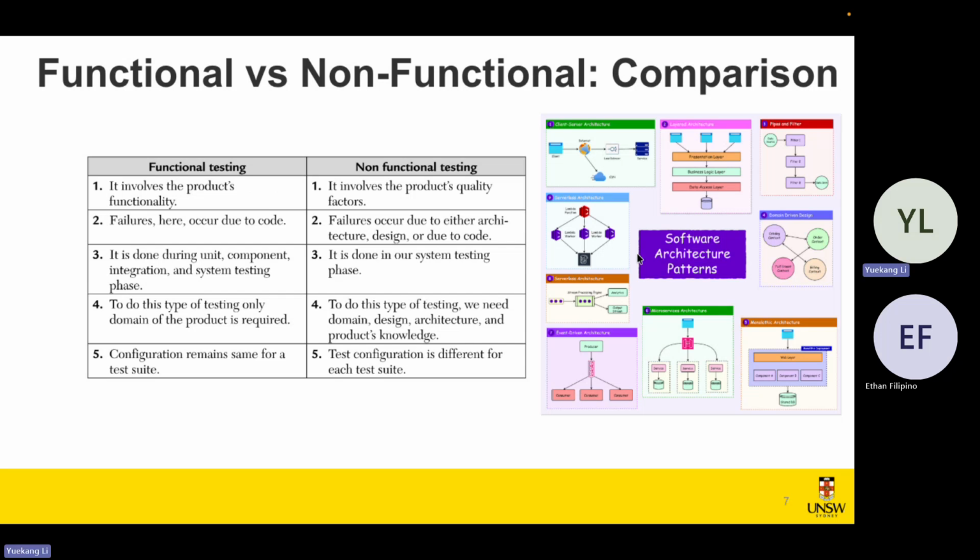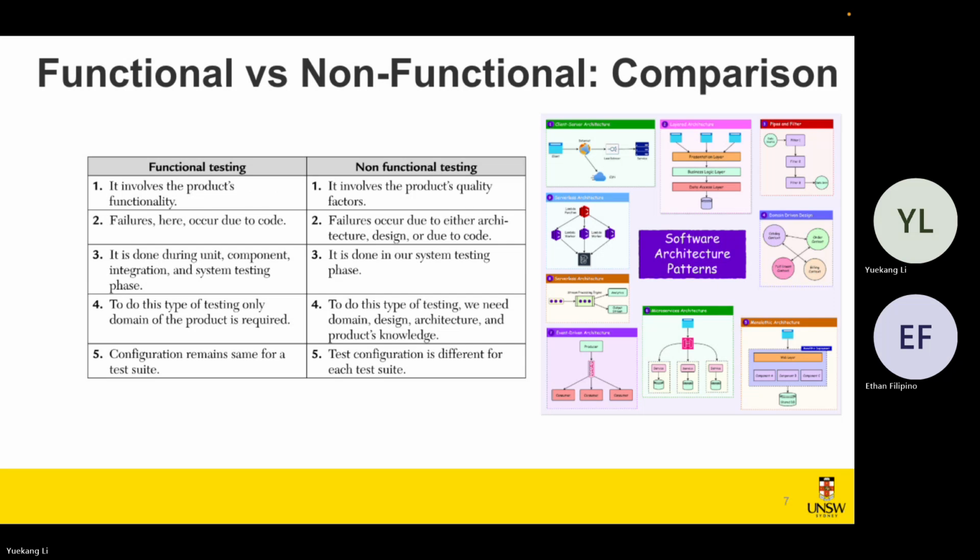if given a specific list of requirements, we can design the software system in many different ways, right? We can use different patterns. For example, we can use layer patterns, we can use server-client pattern, we can use other different architectural patterns.